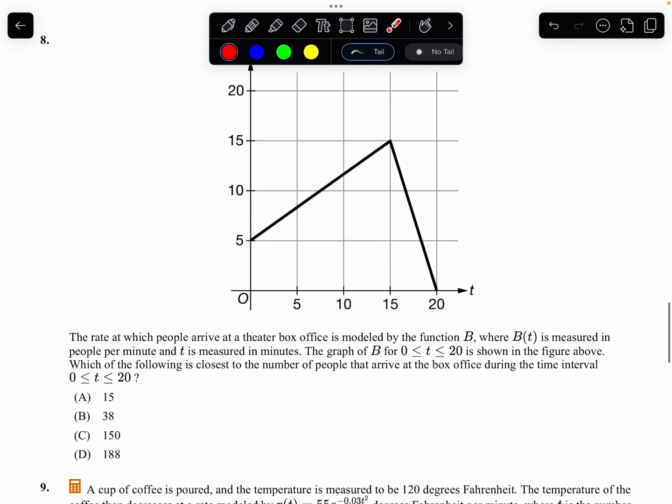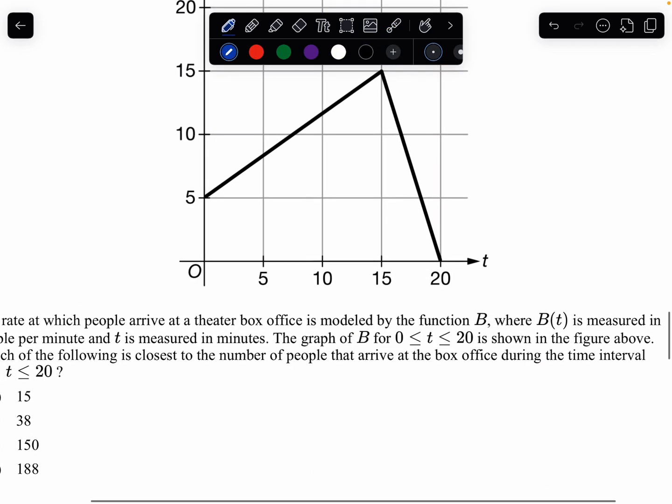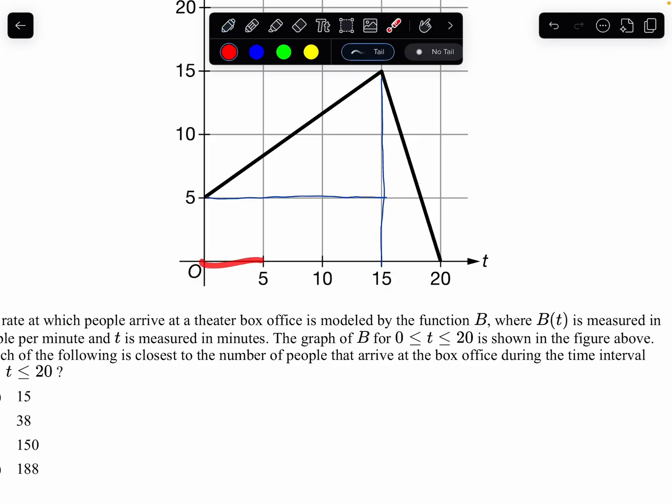Which of the following is the closest number of people that arrive at the box office during the time interval from 0 to 20? So let's split this up right here. I think we can do that right there. So this is 5, 10, 15. 15 times 5, and that's going to be 75.